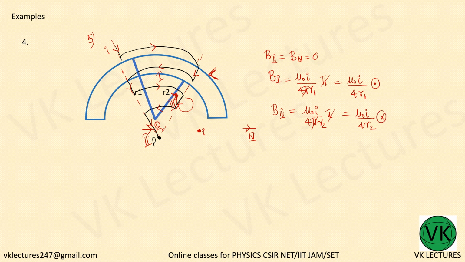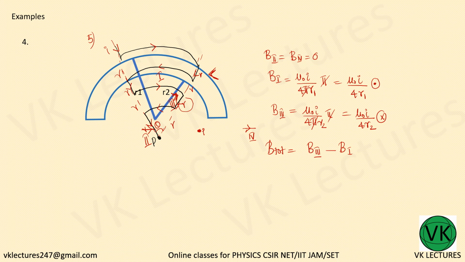Okay, so we can consider any portion, B3 or B1 first. Like that we need to consider the direction also. First we are considering B3, so B total will be equal to B third portion minus B first portion.